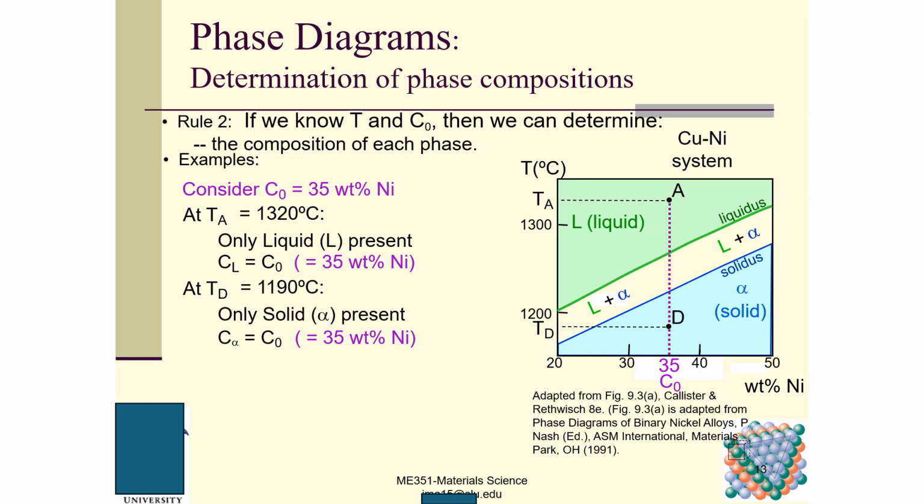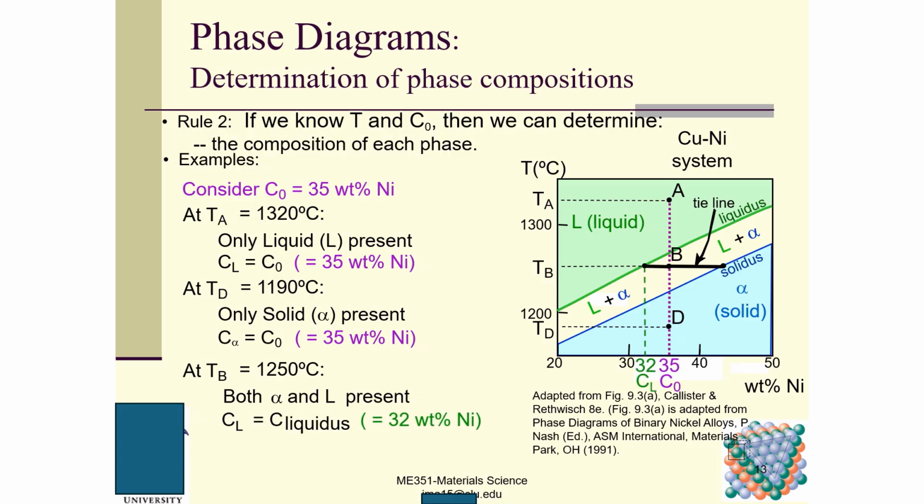Both of them have 35% nickel. At temperature TB, both alpha and L are present, and we can calculate the composition of the phases.